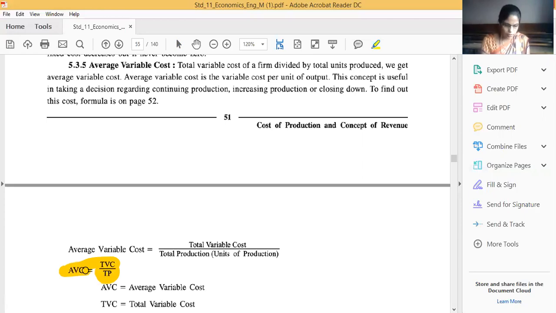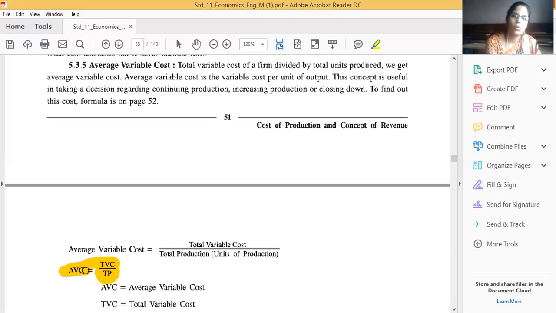What is its formula? The formula related to average variable cost: average variable cost equal to total variable cost divided by the total production.